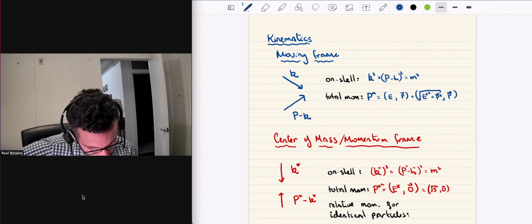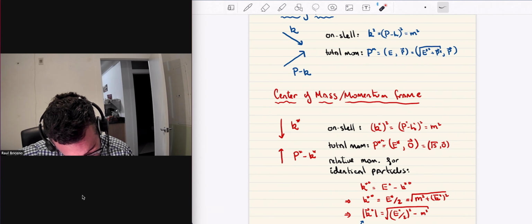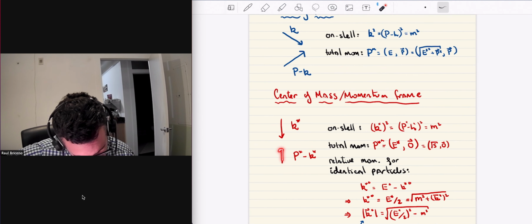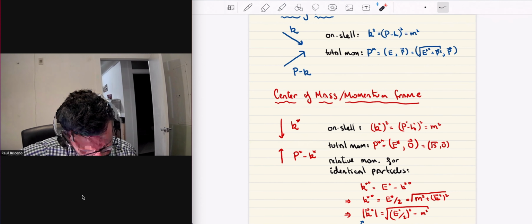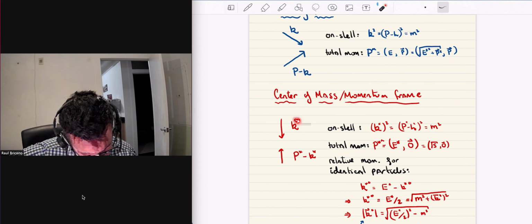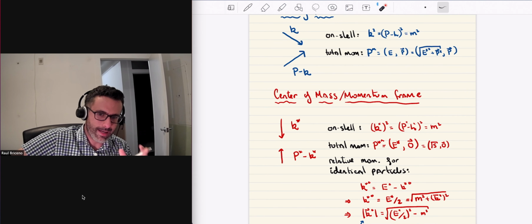In the center mass frame, where the particles are colliding with each other, center mass, center momentum, I typically call it center mass frame, everything is going to be labeled with a little star. This is not a complex conjugate, it's supposed to be an actual star.